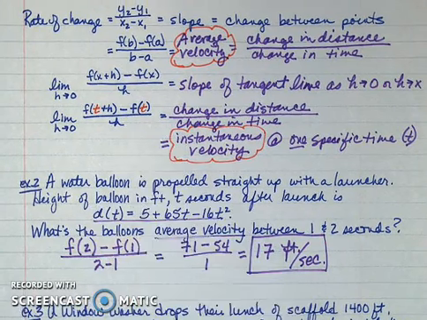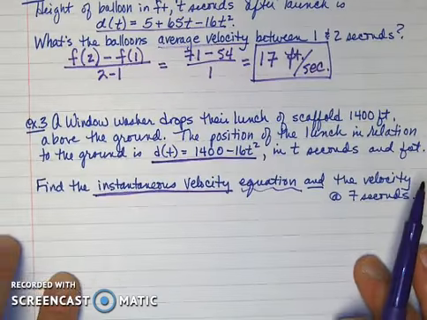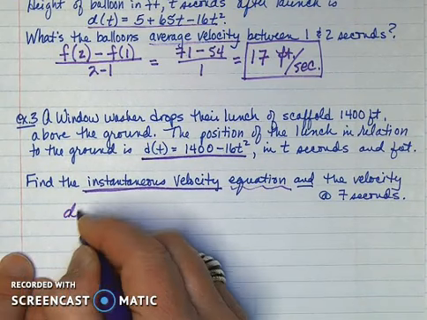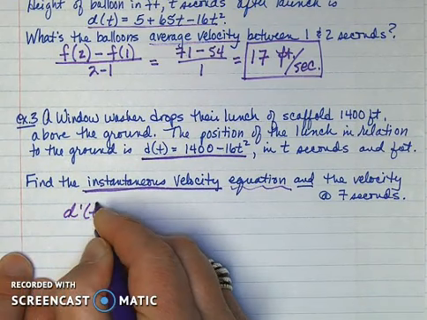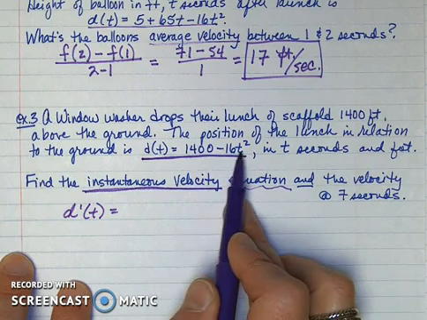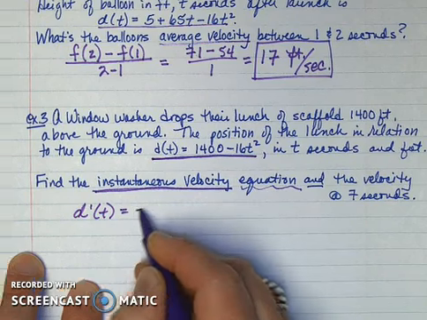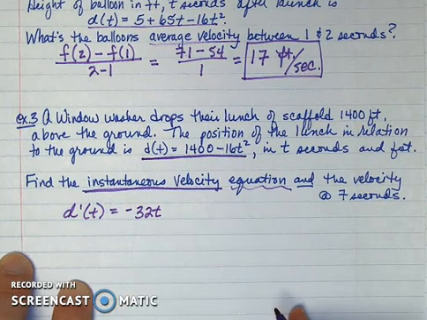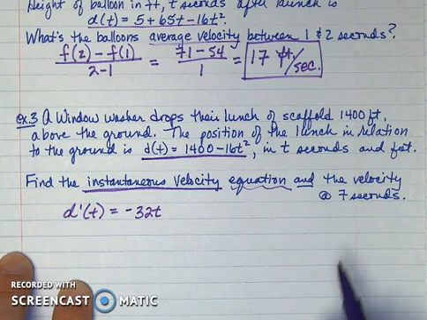If I want the instantaneous velocity equation, I am simply going to find the derivative of that equation. Well, the 1,400 doesn't have a derivative, but this part does. So that is negative 32t. And then you simply evaluate that at 7 seconds.